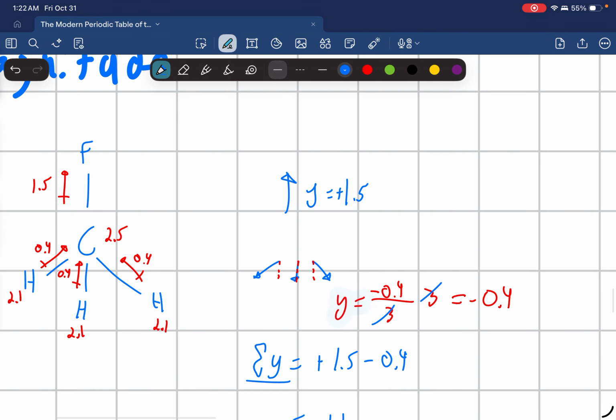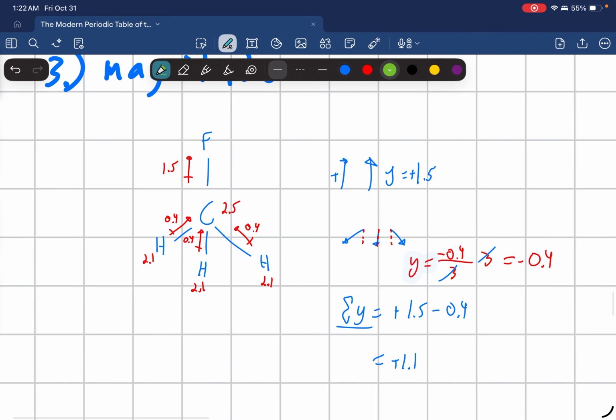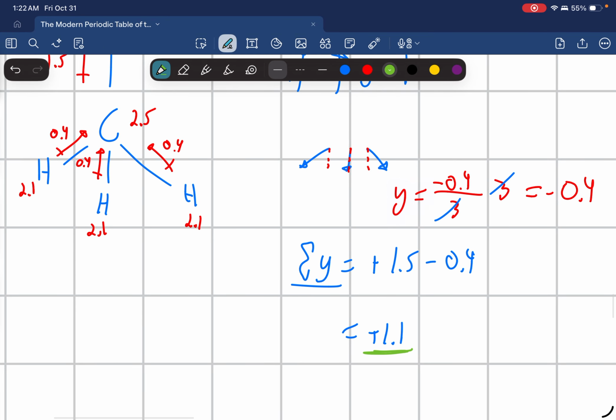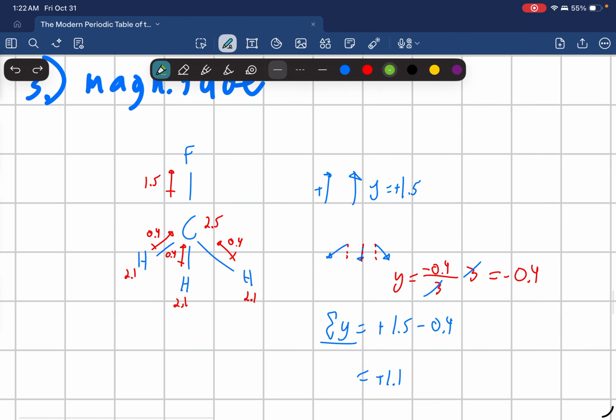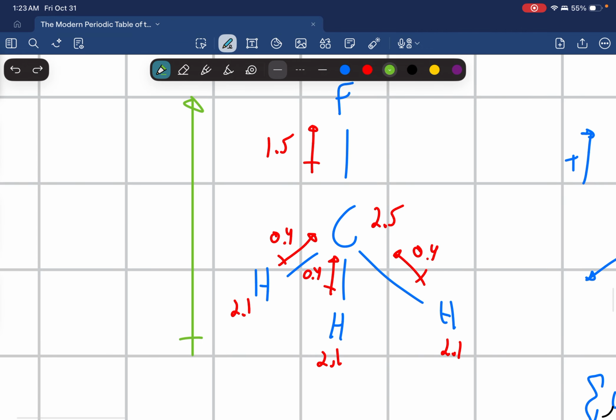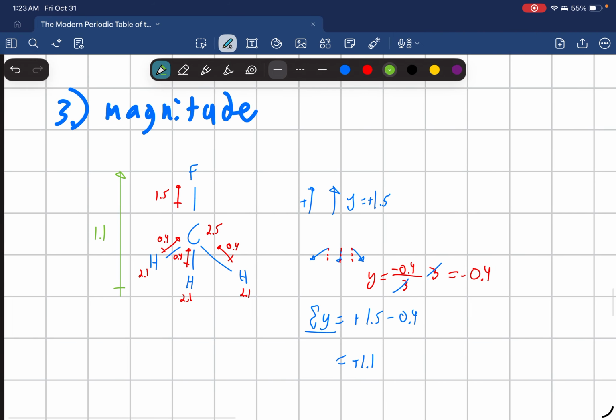And remember, our positive direction was up, like this. So therefore, because we're talking about electronegativity here, the electronegative part is going to be up, where we've set positive. And therefore, the positive part is down here. And the whole thing is going to be 1.1.